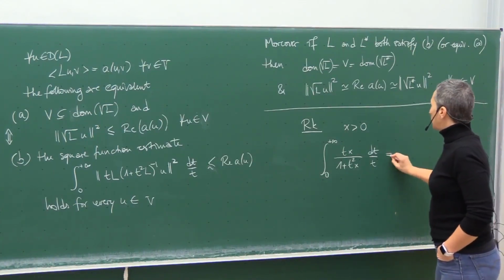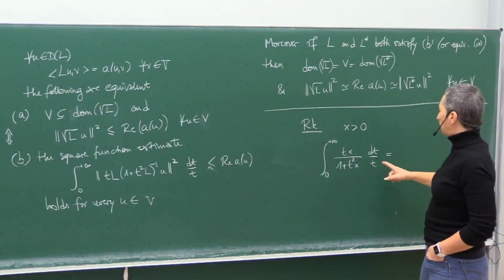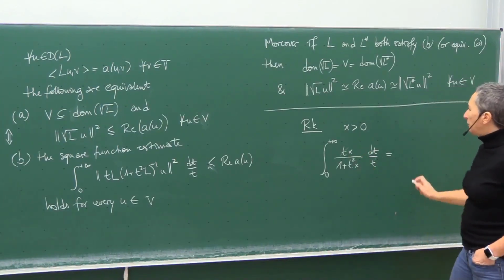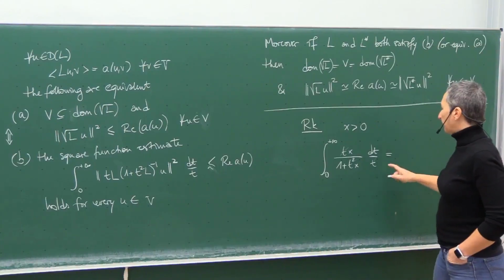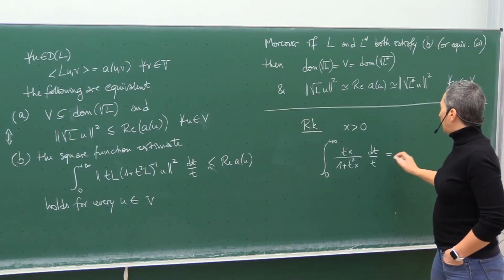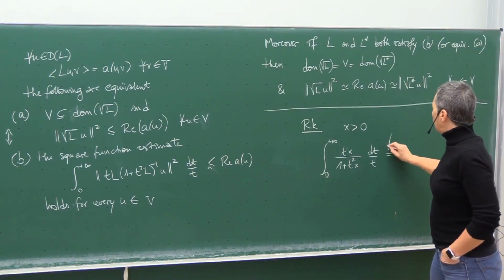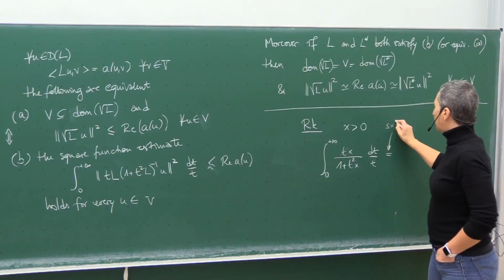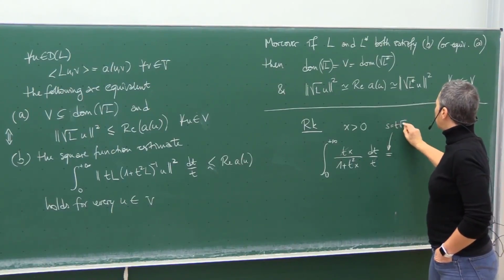So the t here disappears. You make the change of variable s equals t times the square root of x.